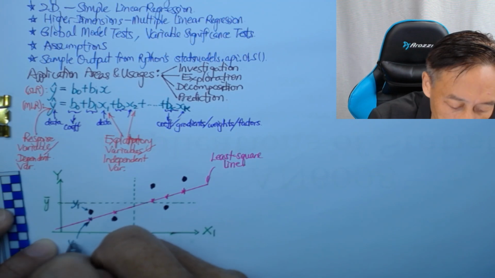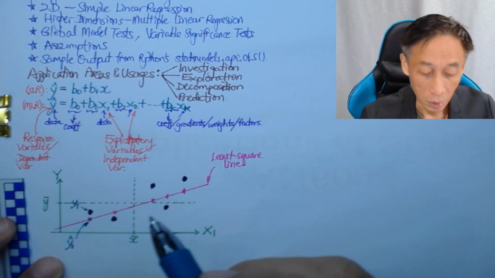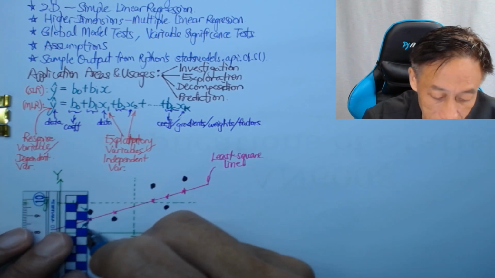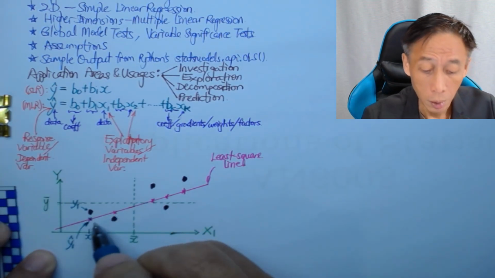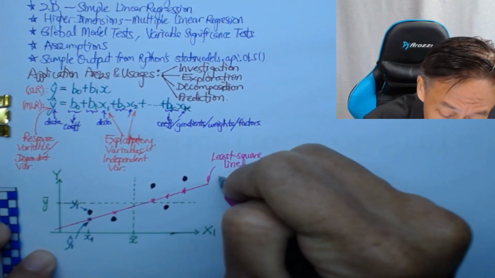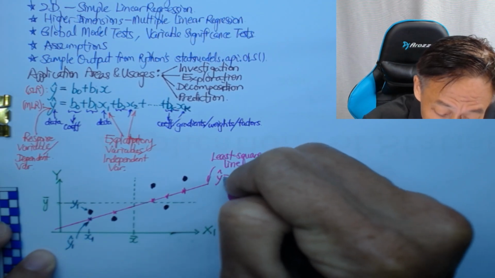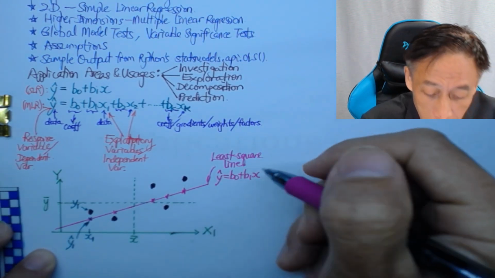And this is what we call the y1 hat, which is the predicted value if we plug the x1 into the model. What is the model? The model is given by y hat equals b0 plus b1 xi.